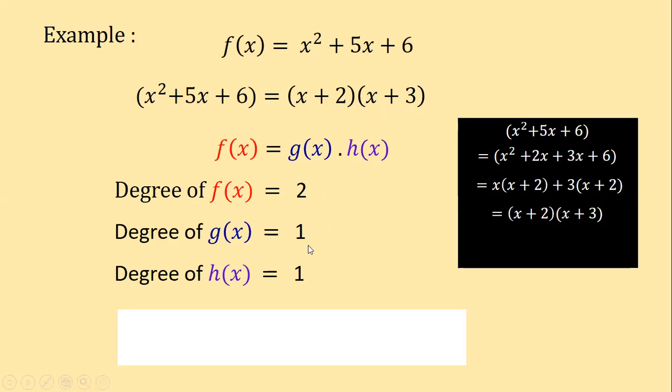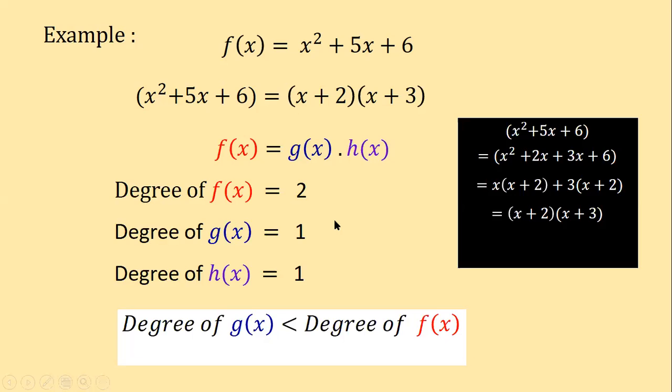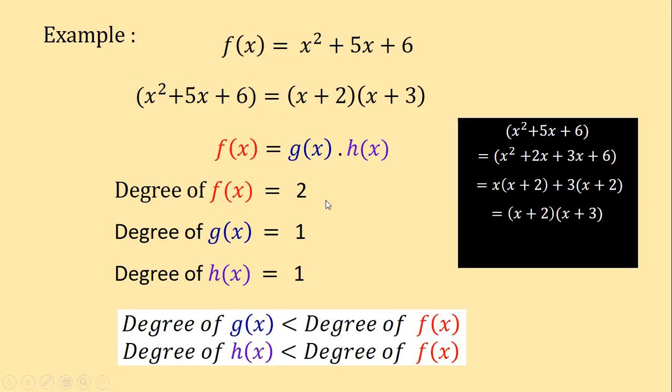So from these statements, what can you understand? Degree of g of x is less than degree of f of x. Again, degree of h of x is less than degree of f of x. So from here, what can you say? The given polynomial f of x is also called a reducible polynomial.